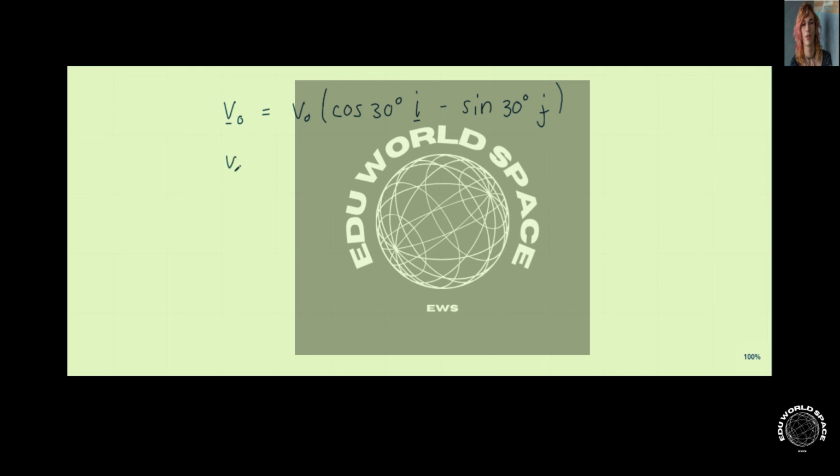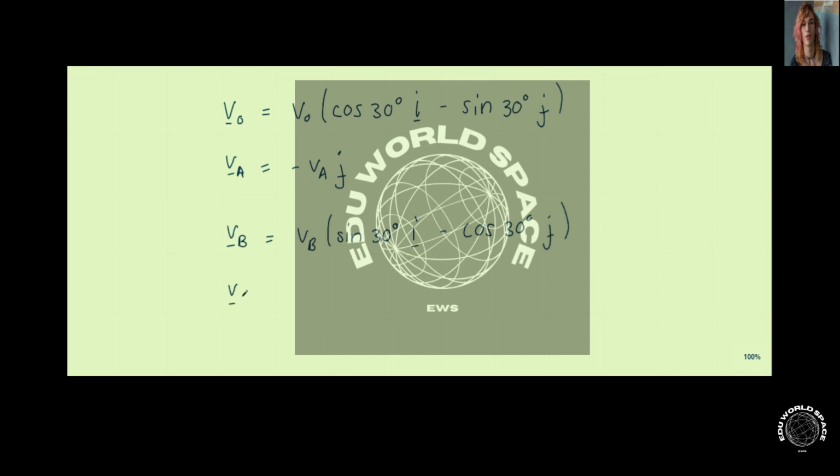And the final velocity of A is along the minus y direction. So it has some magnitude VA in the minus j direction. The final velocity of B is equal to some magnitude VB in the direction sine of 30 degrees i minus cos of 30 degrees j.